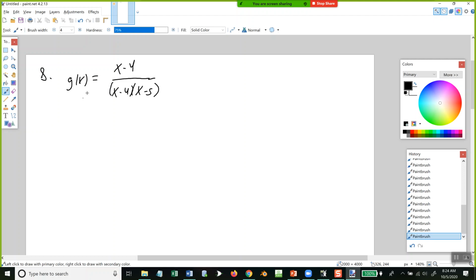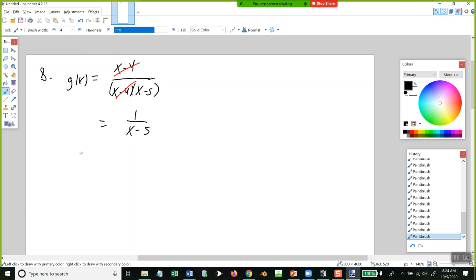And find the vertical asymptotes. Step 1, factor the top, factor the bottom. They're factored as much as they can be. Step 2, cancel if possible. This time we can, because we've got an x minus 4 here and an x minus 4 here. So those are going to cancel. So we're left with 1 over x minus 5.